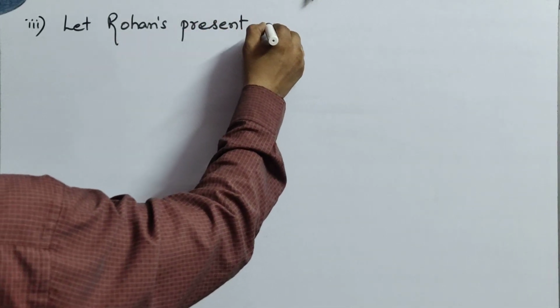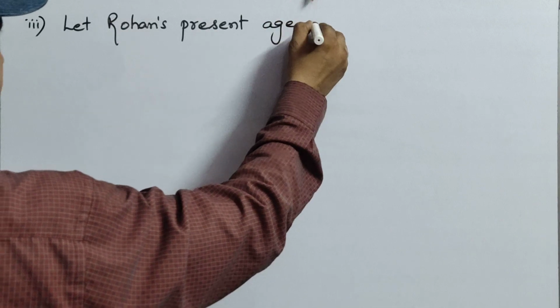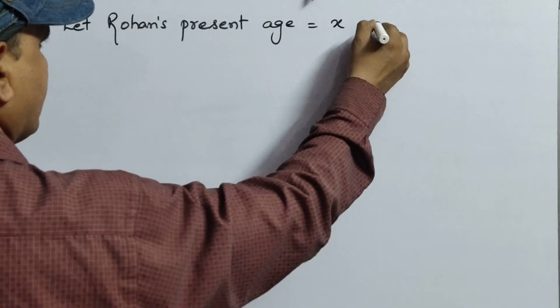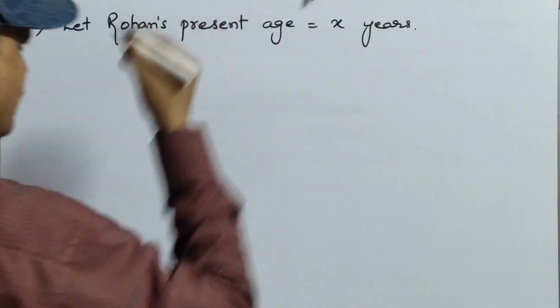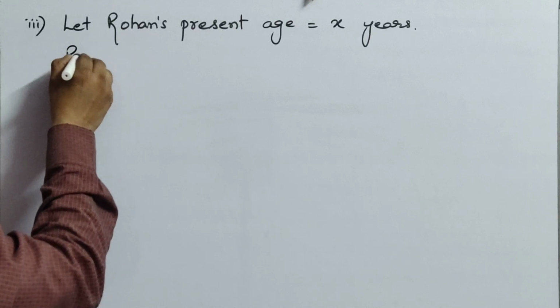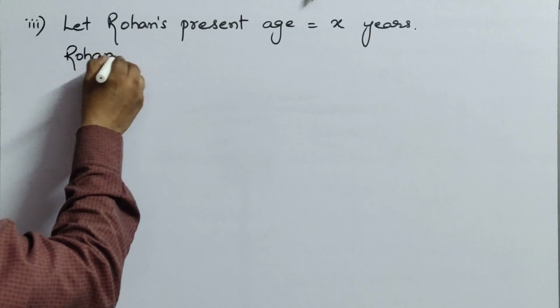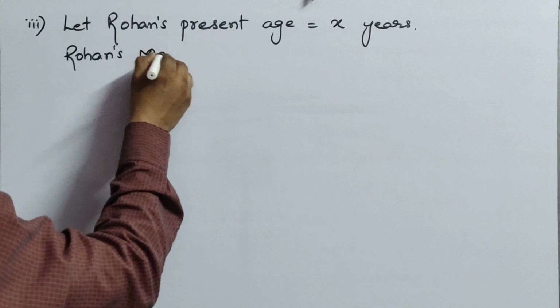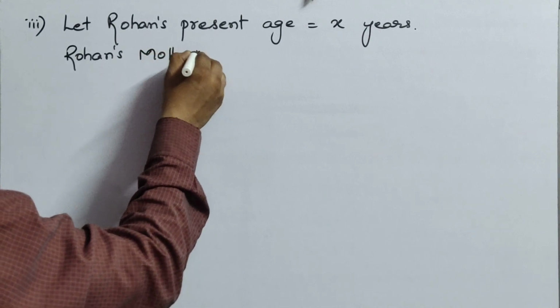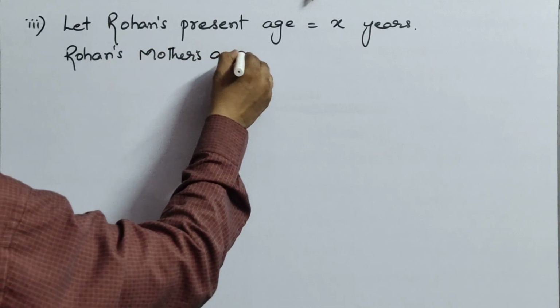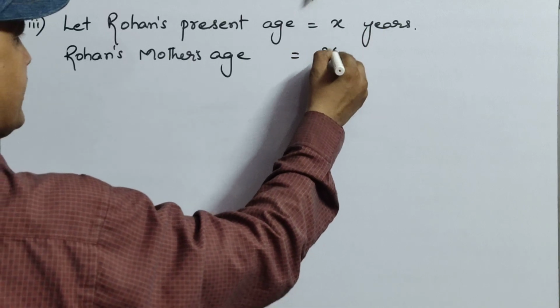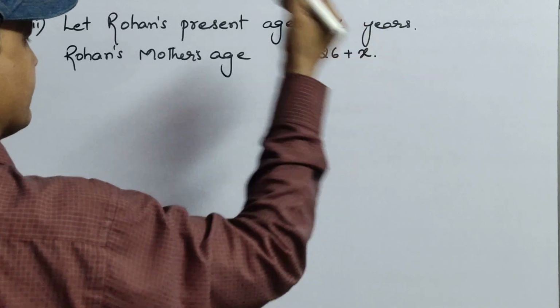Let Rohan's present age equal x years. Rohan's mother's age equals 26 plus x.